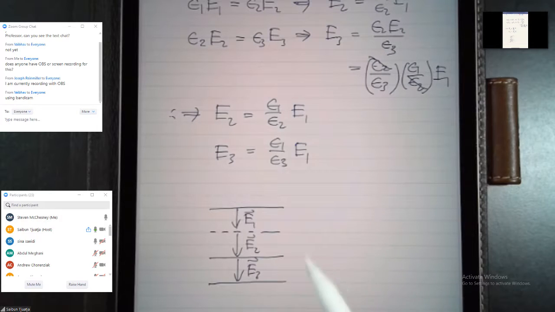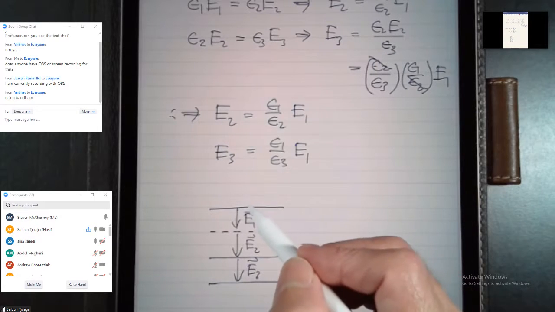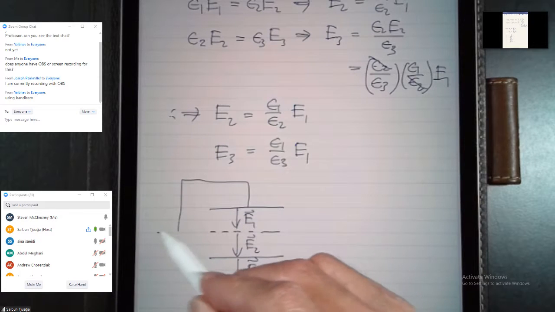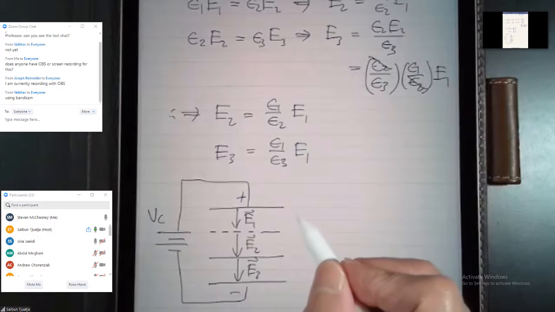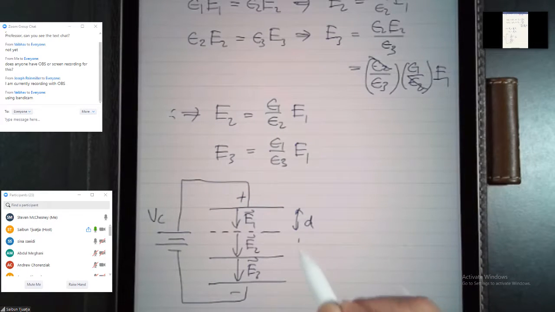All right, so now I also know that here I applied a voltage to it, VC. This is the plus side, this is the negative side. Because the fields are uniform, E times the distance D in each region gives me the voltage across each of these boundaries. What's the unit for E? Volt per meter.